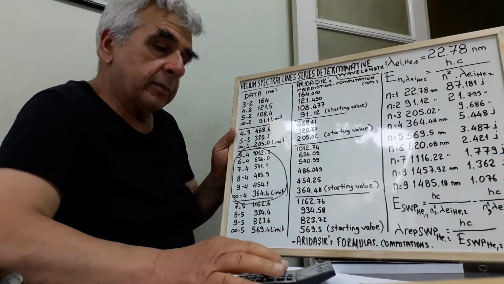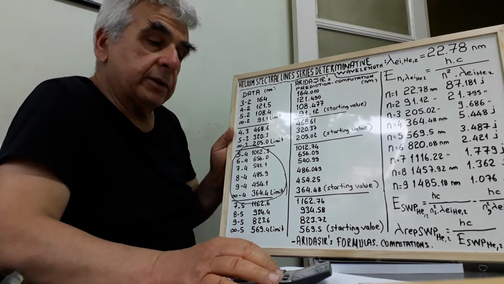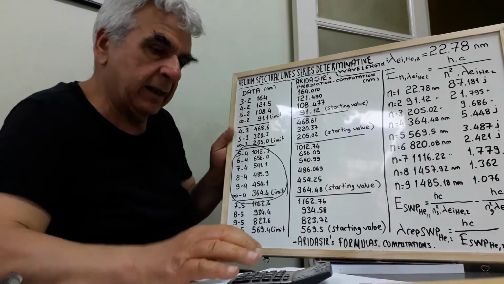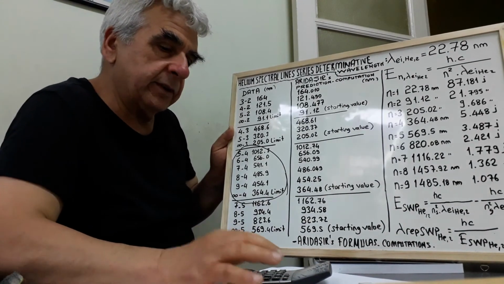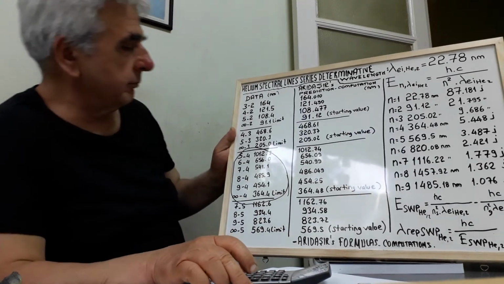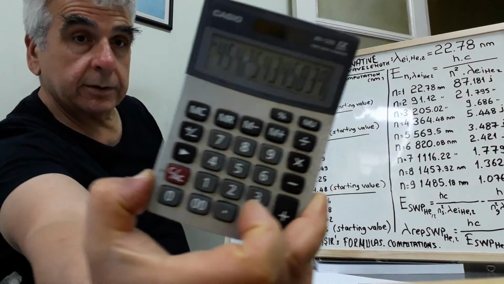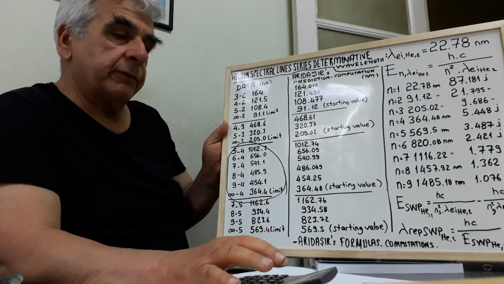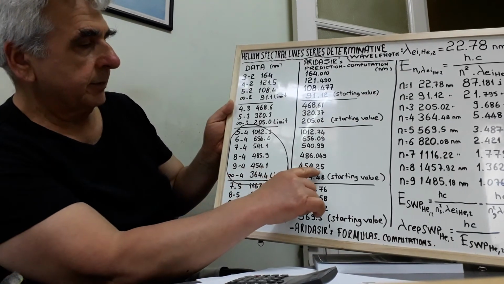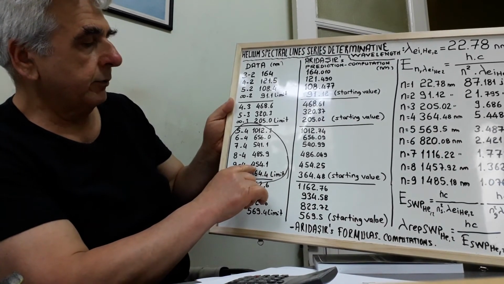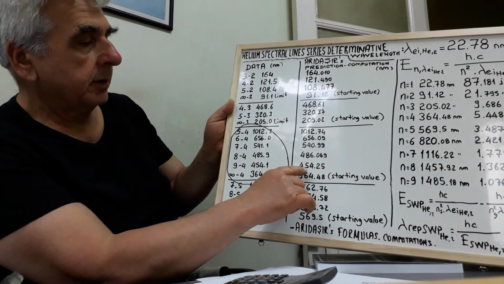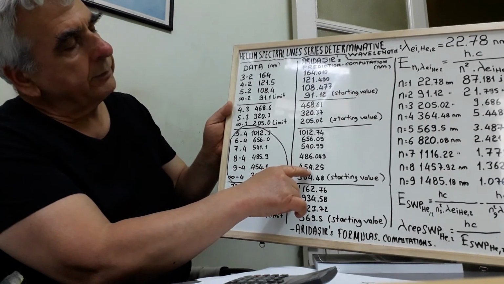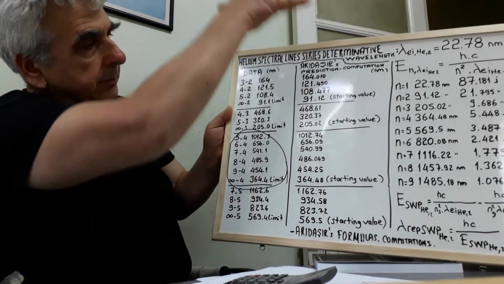Okay, 1986 divided by 4.372 equal to, here, you see, 454.25. Yes, here, 454.1. My computation, 454.25. Almost same, like this.